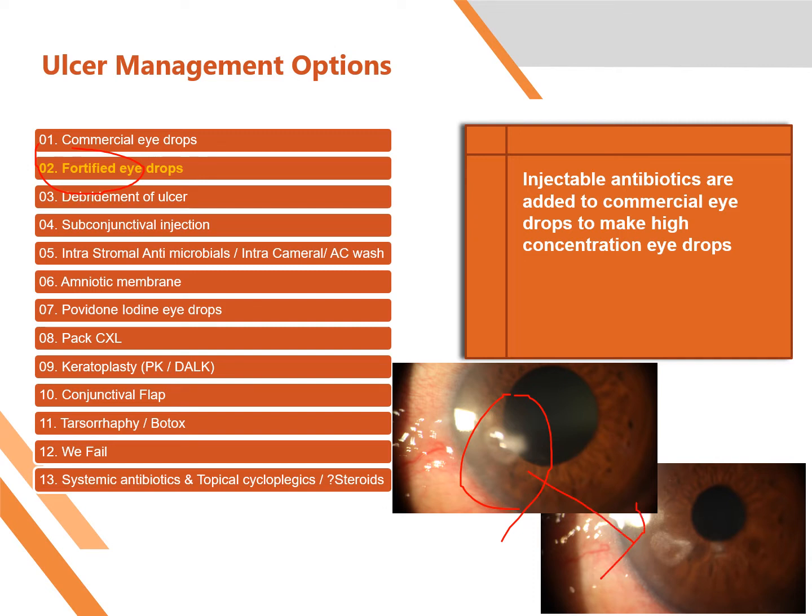Fortified eye drops means injectable antibiotics are added to the commercial eye drops to make high concentration eye drops. I repeat, fortified means you add injectable antibiotics to the commercially available eye drops to make them of higher concentration, and they are very useful in the treatment of ulcers.